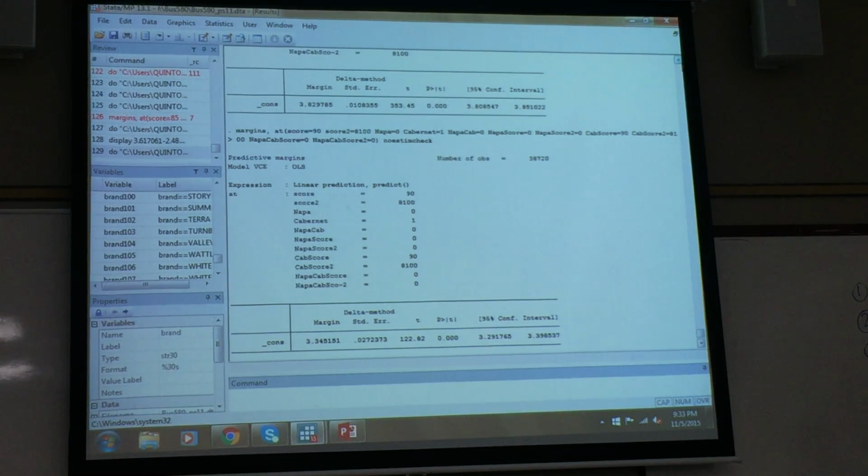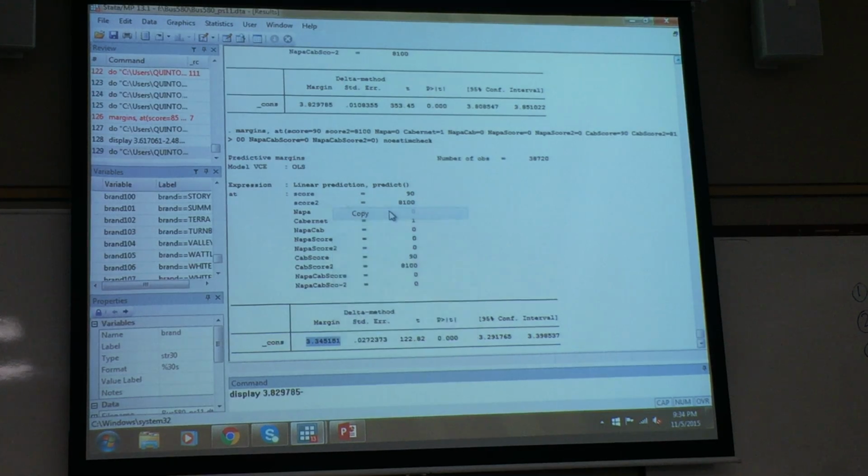So the premium's gonna be relatively small. We got 3.8 and 3.35. So there's gonna be a premium, but we know it's reduced significantly. This is with the higher score. This is at 90, yeah.